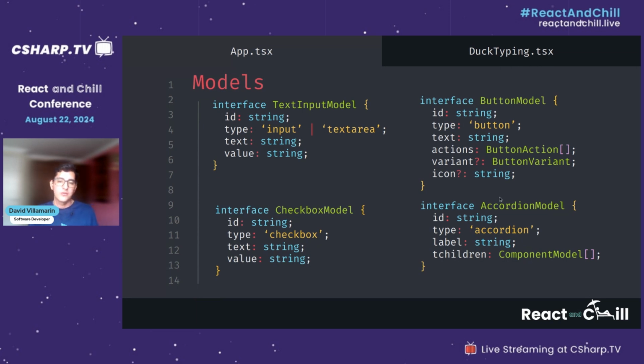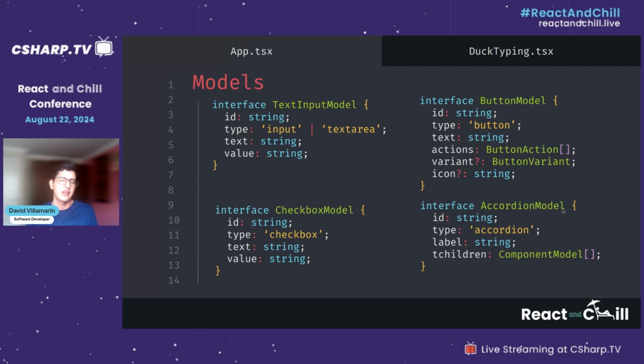We can do the same thing for a more complex component. So for example, this button that could handle different actions, right? And of course, we have different variants when working with common UI libraries. So yeah, this could be another option, and also we can have an icon, for example.